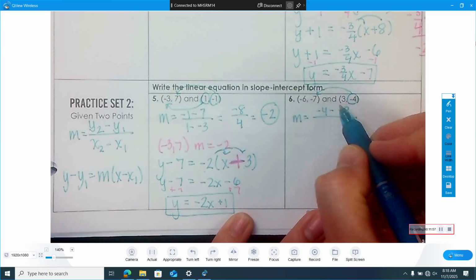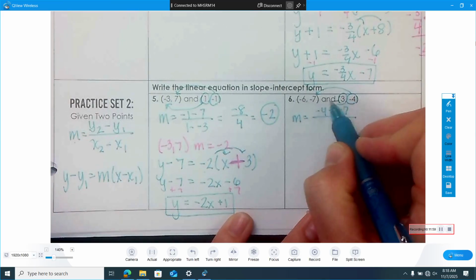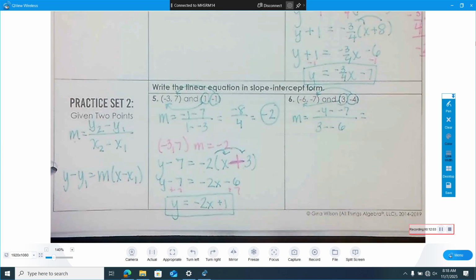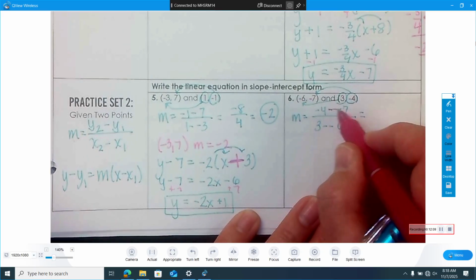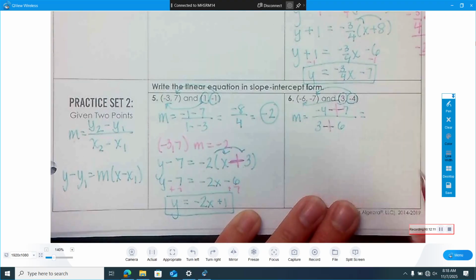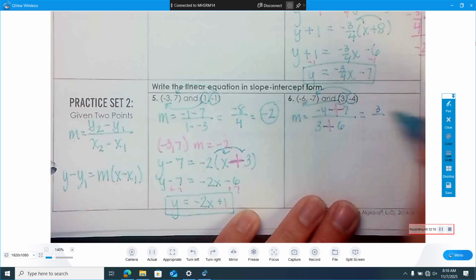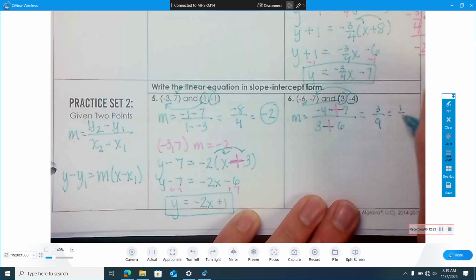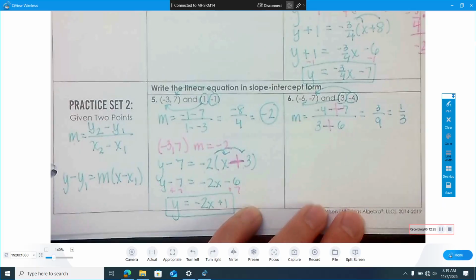Oop. 3 minus a -6. Again, we always have to start from the same ordered pair. All right, minus a negative really turns into a giant plus sign. So we have a -4 and a +7, which is going to give us a +3. And 3 plus 6 is 9. And that is a fraction that reduces to 1/3. Always, always reduce those fractions.